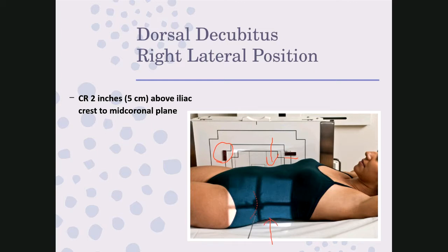So this crosshair should be 2 inches higher than what it currently is. Why? Because we need to include diaphragm on this particular image. And the only way you're going to include diaphragm is if you place your central ray 2 inches above the iliac crest and mid-coronal, which is still midline. You're just looking at it midline from anterior to posterior aspect.